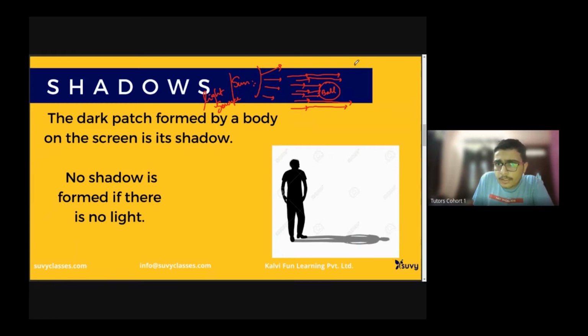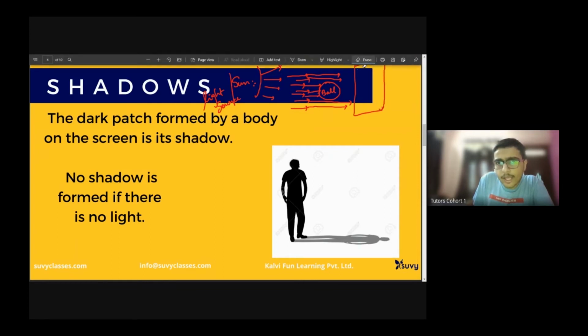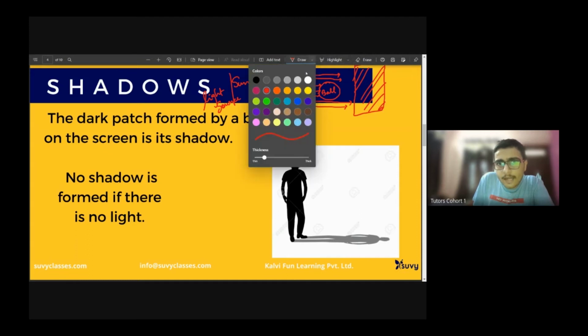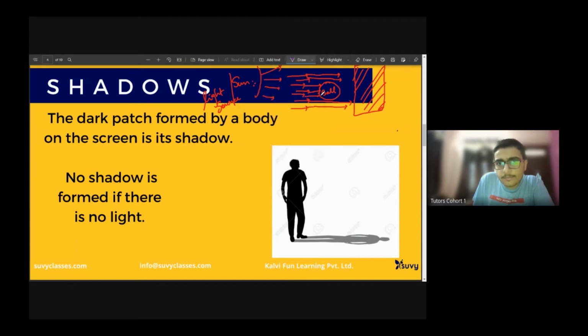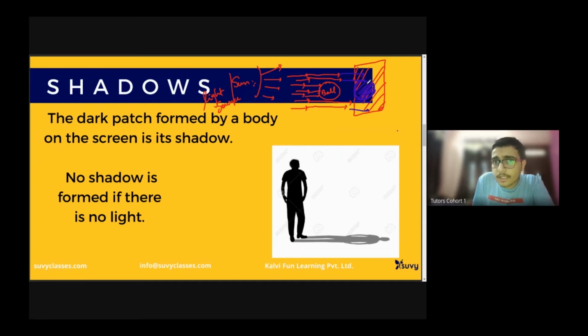Now, if I place a screen here, a screen is just a piece of paper or a cardboard, any sheet, then you will observe that these light rays fall here, but here a dark gap gets formed. No light will fall here, nothing will be visible in this part, and this will be a black spot. This black spot is known as a shadow.